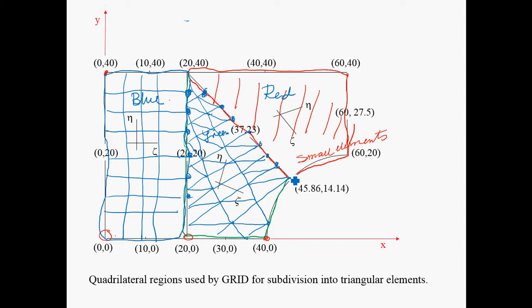But even if we do that, what I'm trying to illustrate for you is that on this boundary like this, you are going to end up with two nodes in the same location. And you do not want that at all.